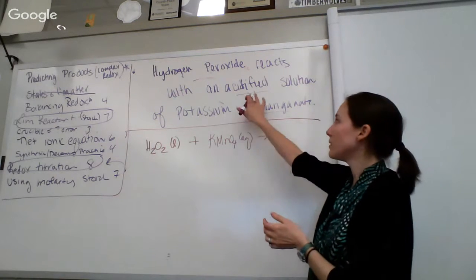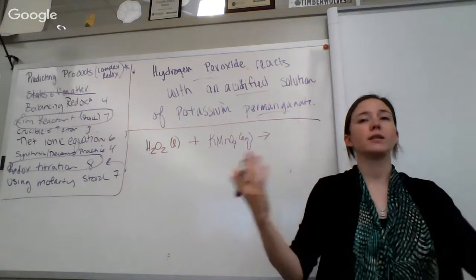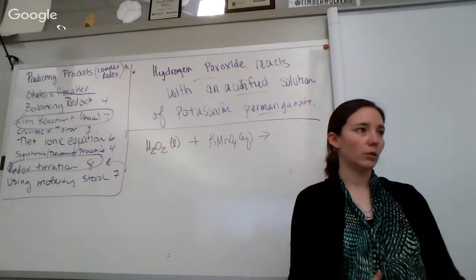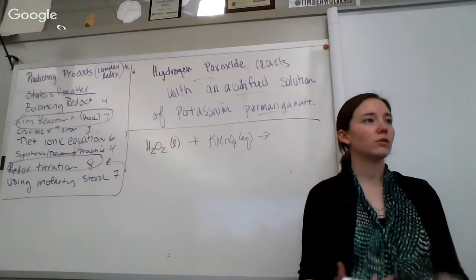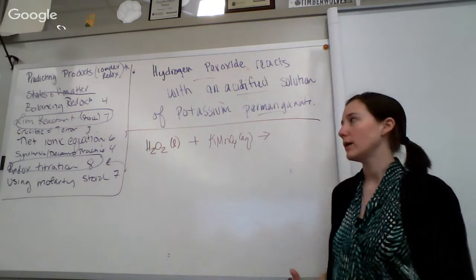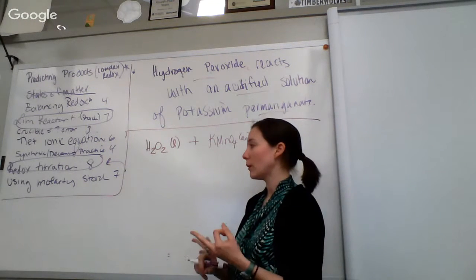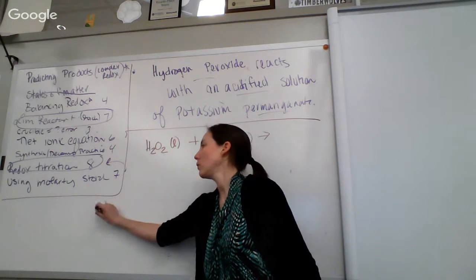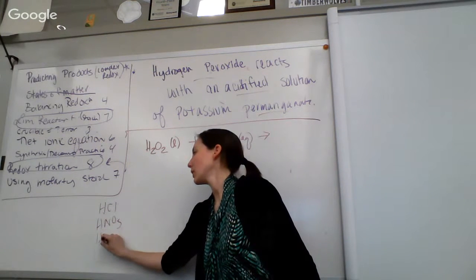If this had said instead of an acidified solution, remember sometimes we would say like reacted in a solution of sulfuric acid or nitric acid is added to the solution or something like that. So those types of acids, not necessarily ones that are going to be reacting. Speaking of, I did tell fourth hour, I would recommend that you know HCl, HNO3, and H2SO4.